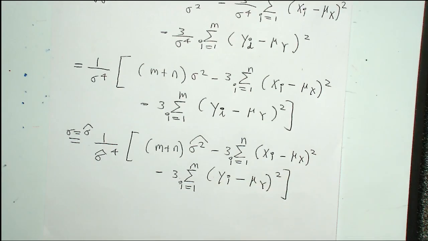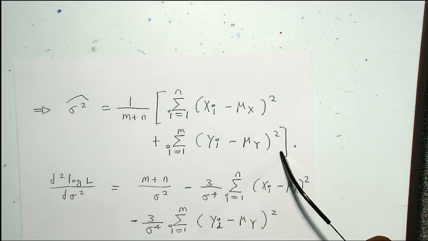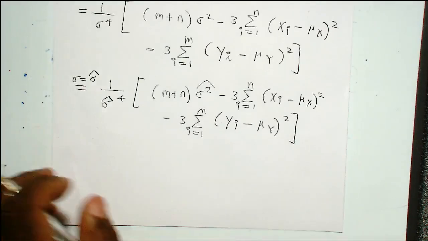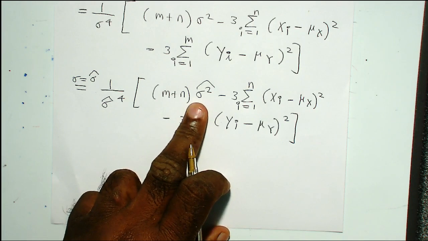Now we know what sigma hat squared is. This is the formula for sigma hat squared. Now you should sub the formula here.